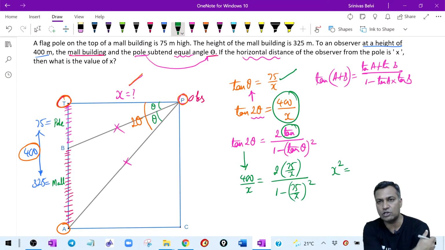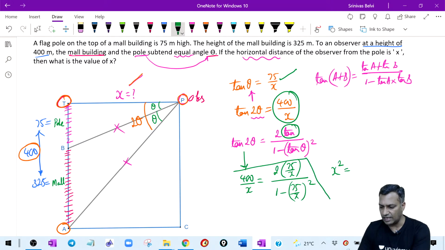Okay, one of you give me the value of X square. Resolve this, you will get the value of X square from this function, and then we can take a root, all that stuff. What is the value of X square?